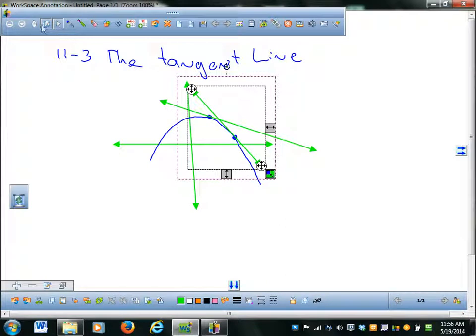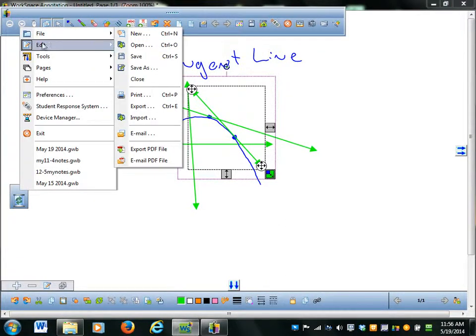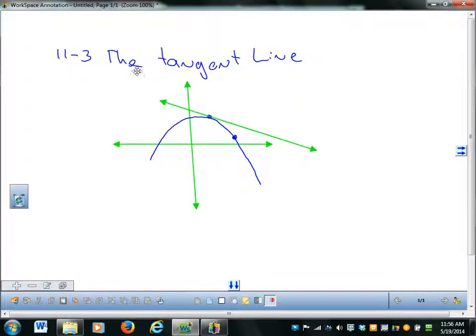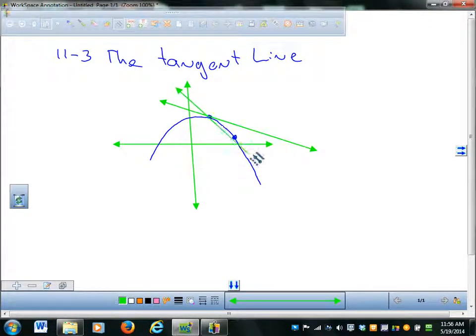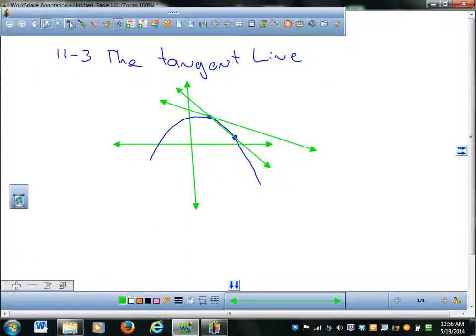If I were to draw a line from here to here, going through this point and this point, that line has a name too, and that line is called the secant line, right? Secant line. And you can find the slope of the secant line.